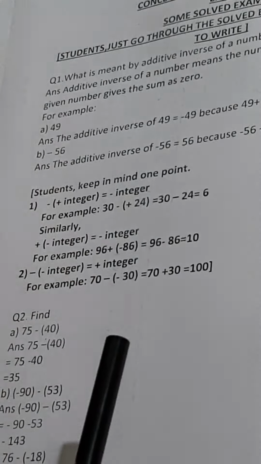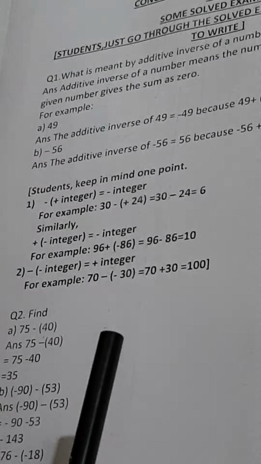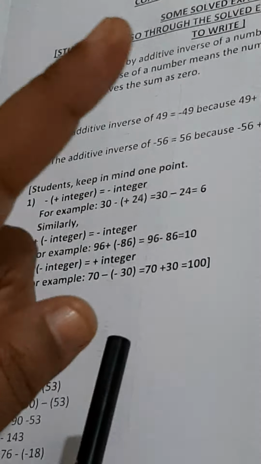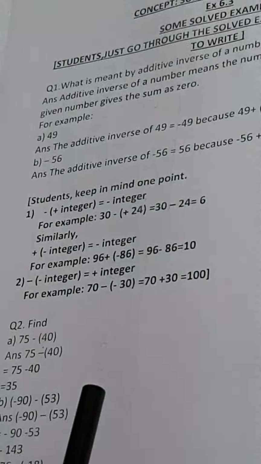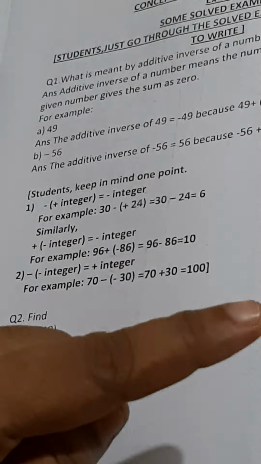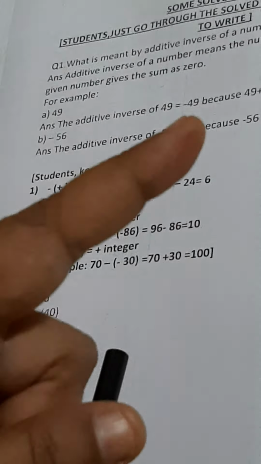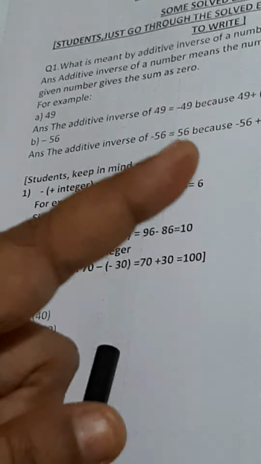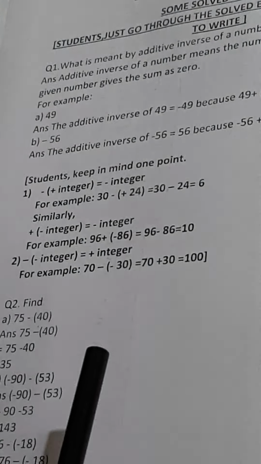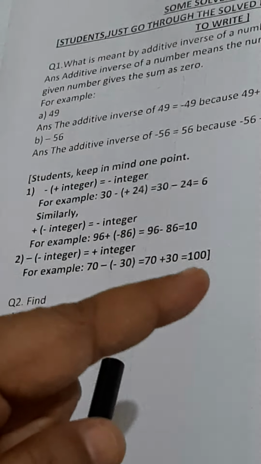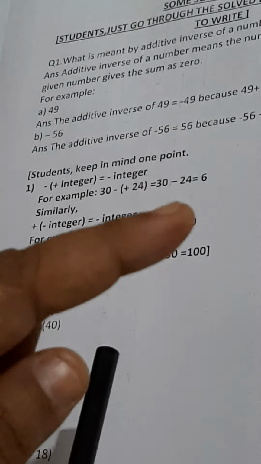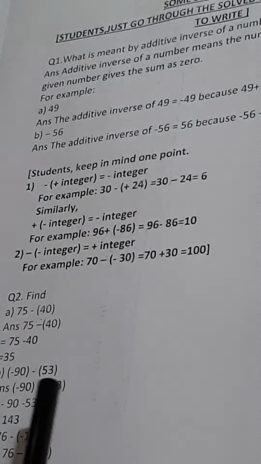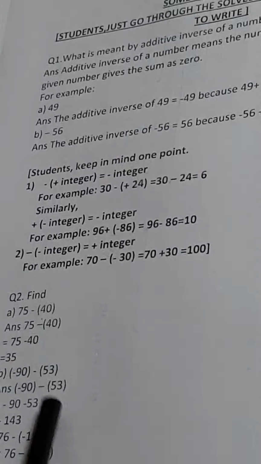I repeat, minus in bracket plus will give me a negative integer, plus in bracket minus will again give me negative integer. But if I have minus and inside the bracket is also minus, then we will get a positive integer. Now let us see some of the solved questions.